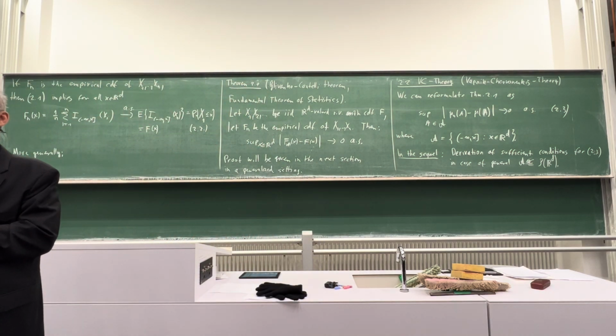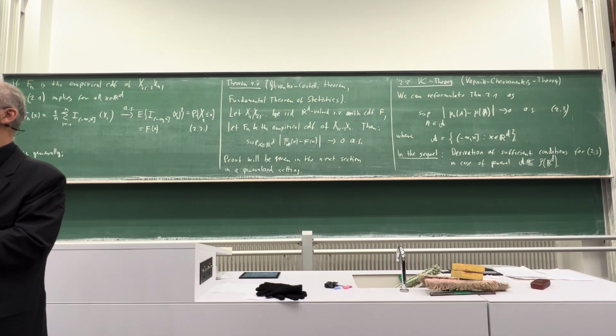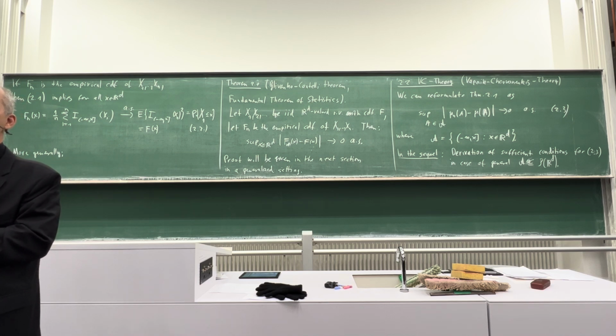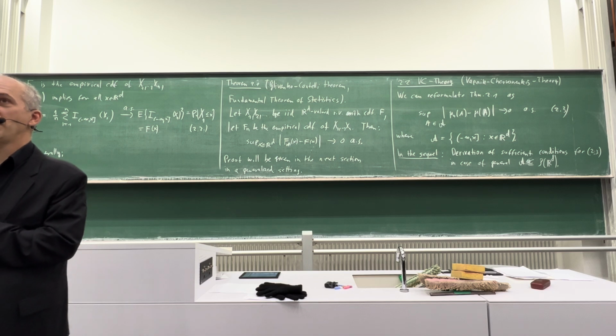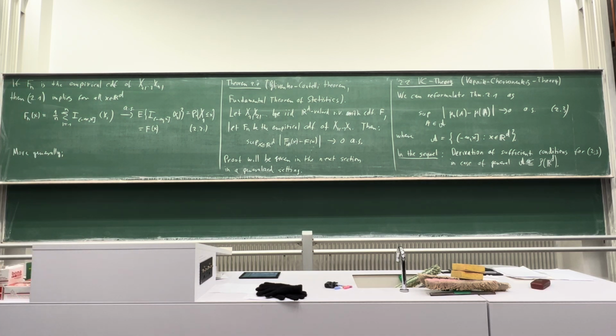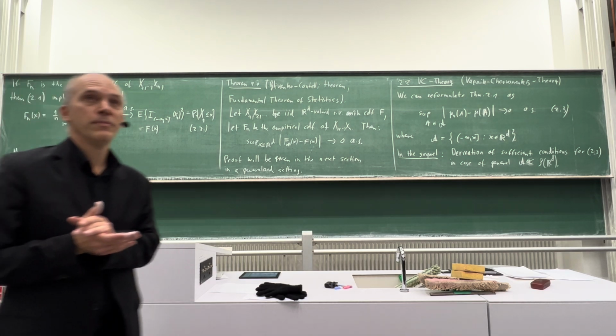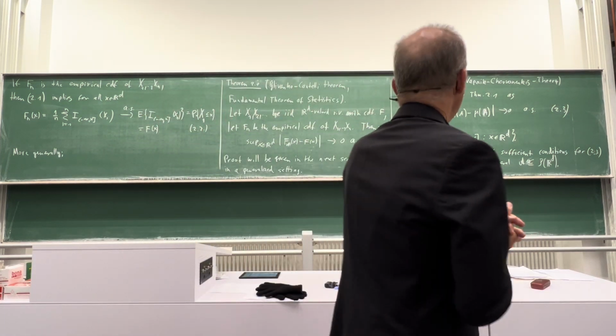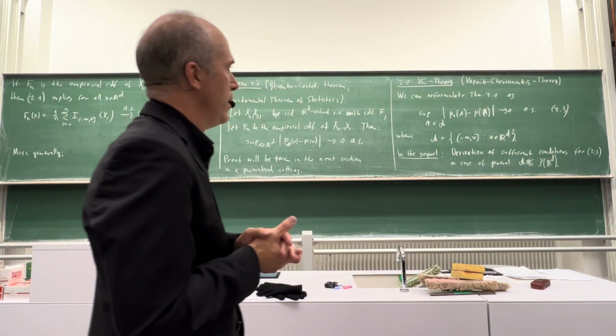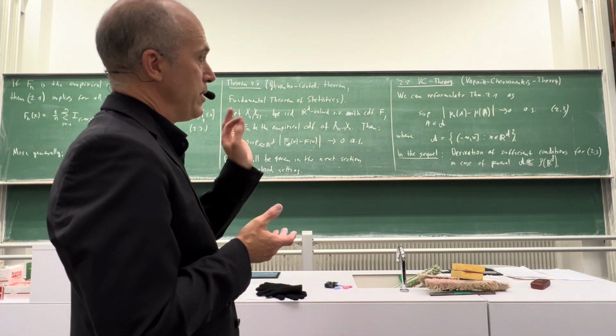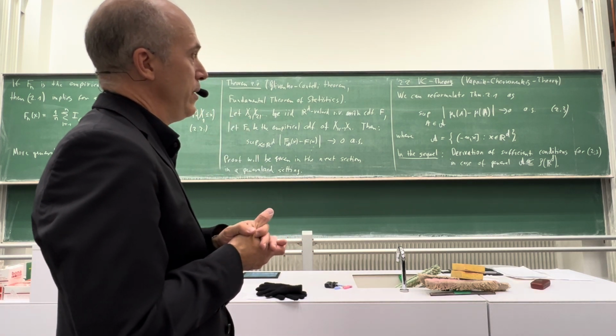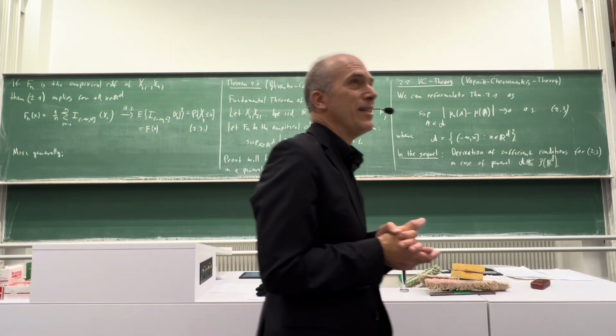Can you give me any example where this holds, where you can prove it? Do you know any subset of the power set of R^d such that 2.3 holds? The empty set and the full set. So the empty set, it depends on how we define the supremum over the empty set.